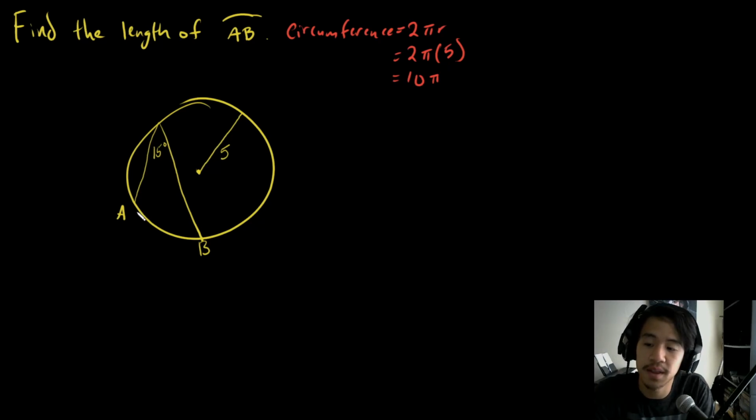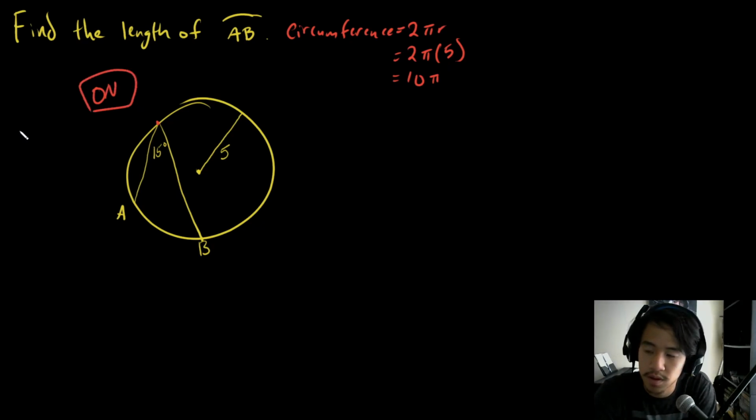Now we have to find the measure of arc AB. And now since the vertex is on the circle, the arc is going to be, or you know what? 1/2 the arc is going to be equal to the angle.